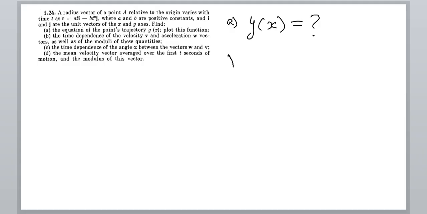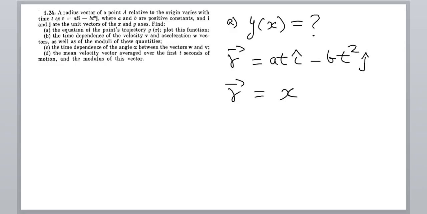Now see, it's given in the question that r vector is equal to a t i cap minus b t squared j cap. But we know that in two dimensions, the position vector r vector of any point is actually written this way: x i cap plus y j cap.